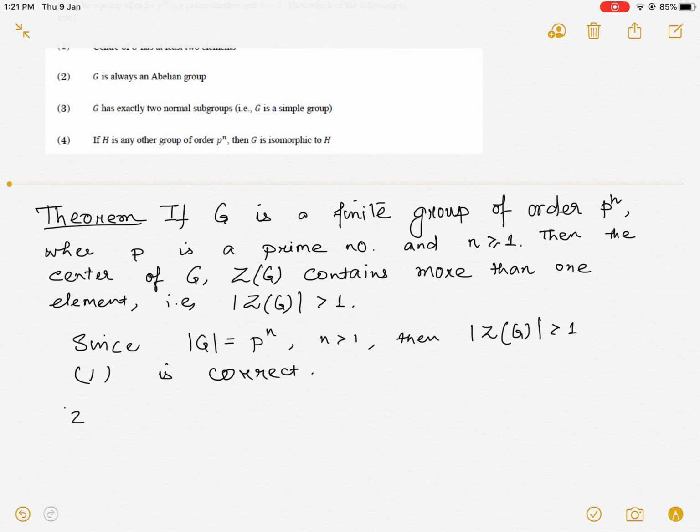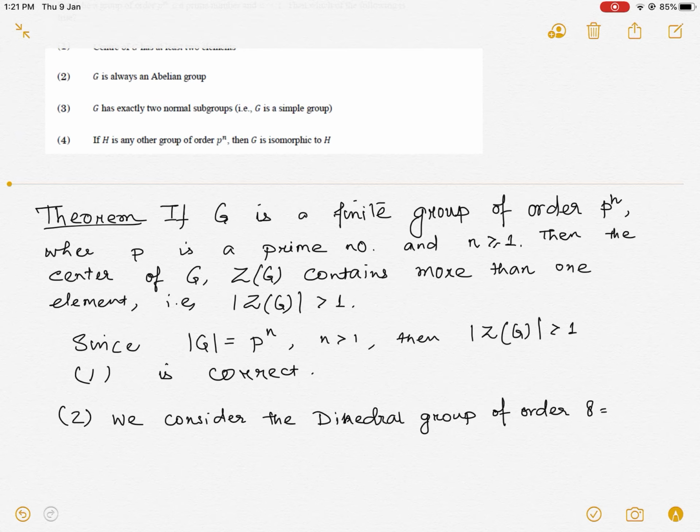For option 2, we consider the dihedral group of order 8, which is 2 to the power 3. 2 is a prime number and 3 is a natural number strictly greater than 1.